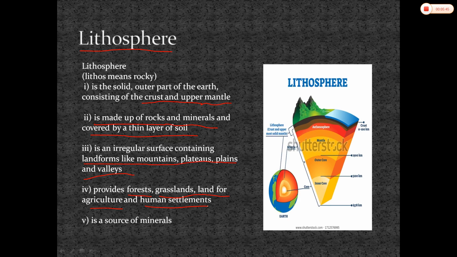The grasslands are very important for animals to graze, and the forests are very important for maintaining the ecosystem of the world. All these things are provided by the land only, and therefore we can say the land provides forests, grasslands, and land for agriculture and human settlement.